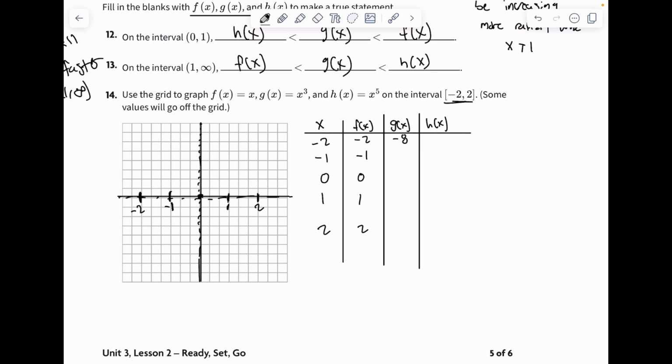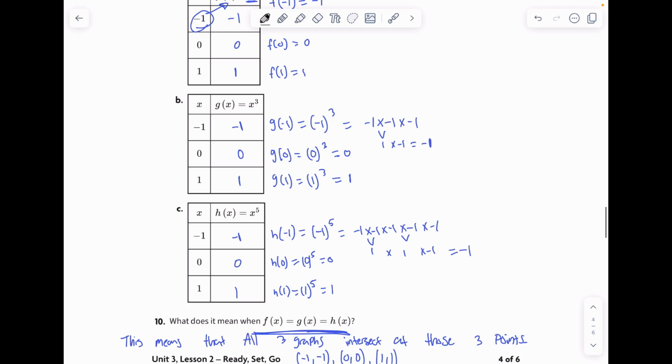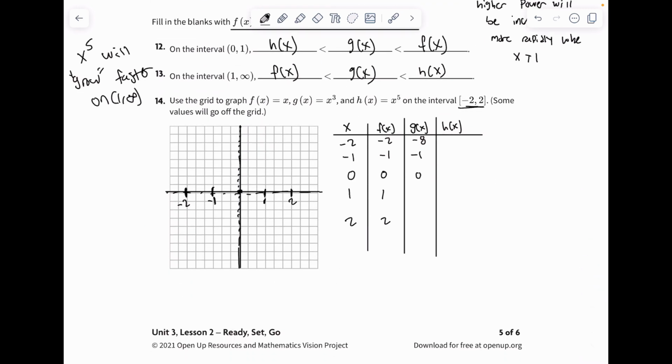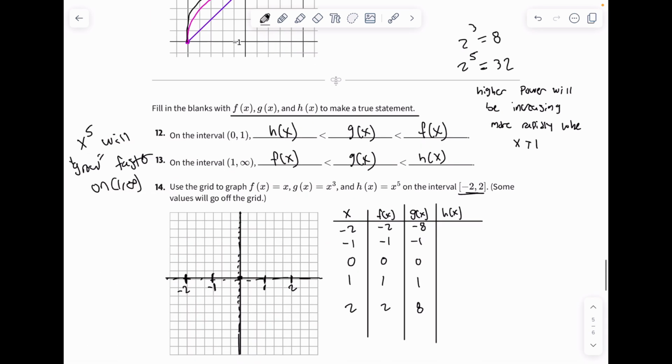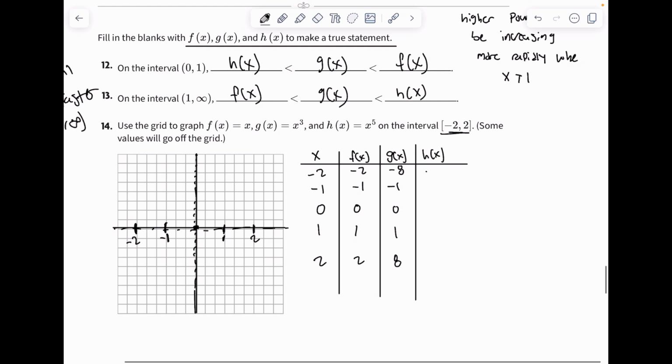Okay, and I'm really going to kind of copy what we have already because we know that it's -1, 0, 1. So -1, 0, 1. This is going to be 8, right? And I already talked about this over here a little bit. Now we have h of x, so this would be -32, -1, 0, 1, and then at 2 we are at 32.